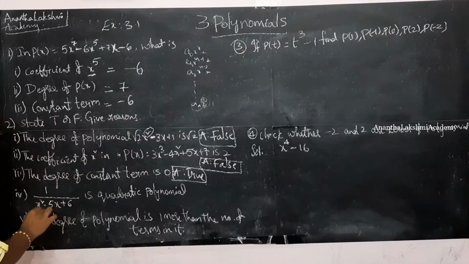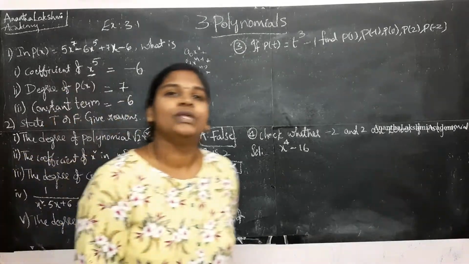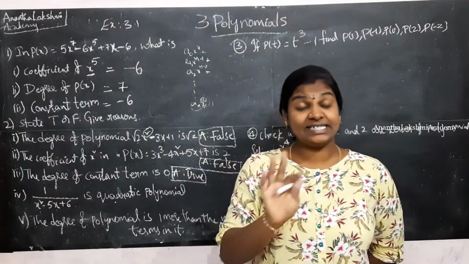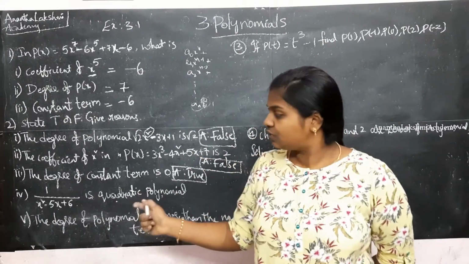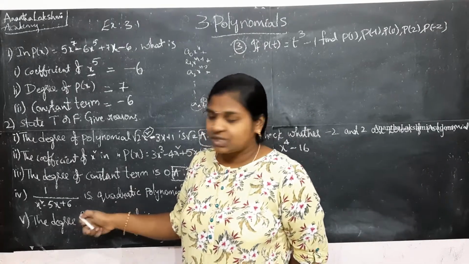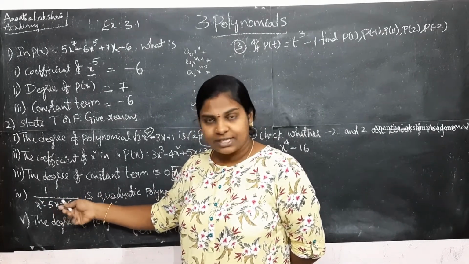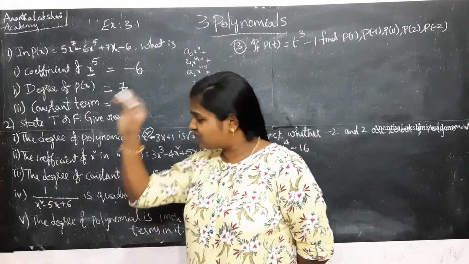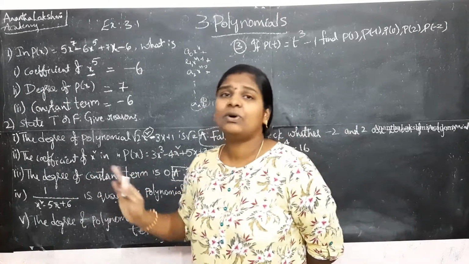Next, 1 by x square minus 5x plus 6 is a quadratic polynomial. Is it a quadratic polynomial? First thing, in order to be a polynomial, it should be in the form of the generalized form, which is a0 x power n plus a1 x power n minus 1. Is it in that form? No, it is 1 by a into x power n form. First of all, this is not at all a polynomial.